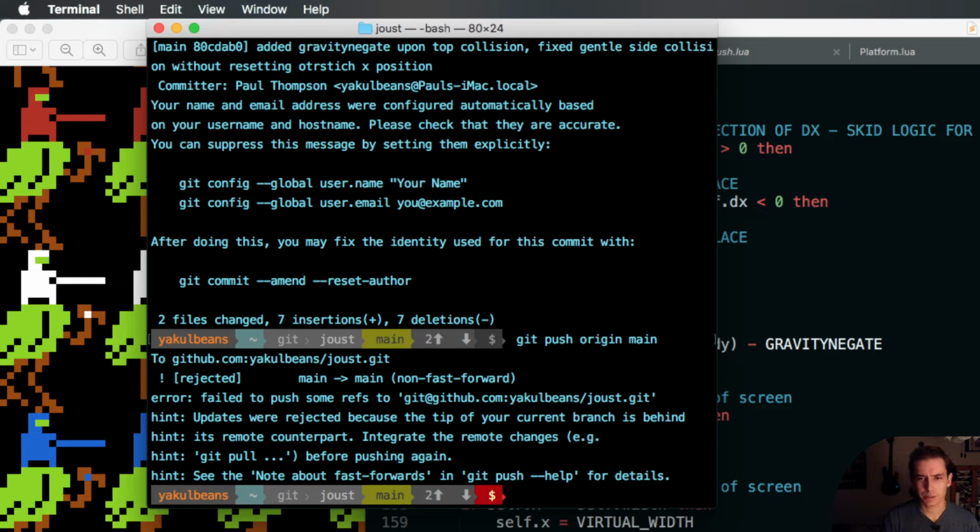Updates were rejected because my current branch is behind its remote counterpart. Integrate the remote changes before pushing again. I see, but I don't want to git pull. I just want to push. Can I force push? See the note about fast-forwards in git push help for details. So git push with the help flag.